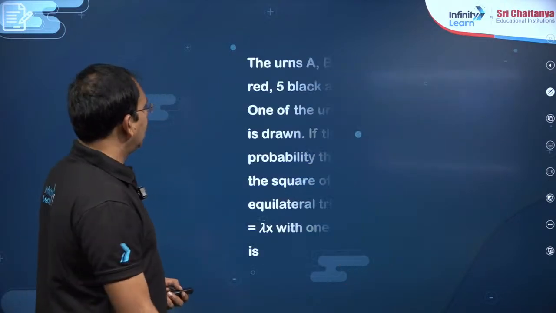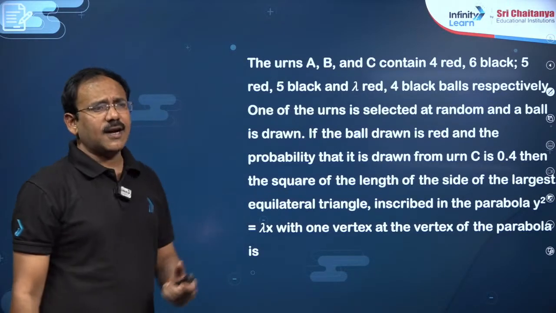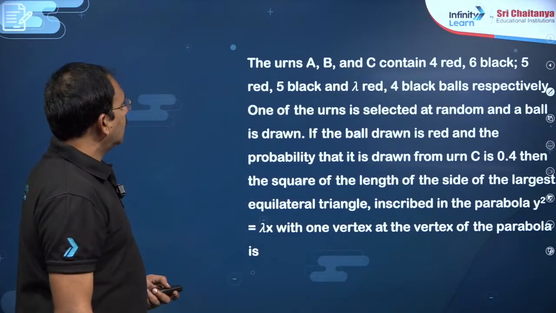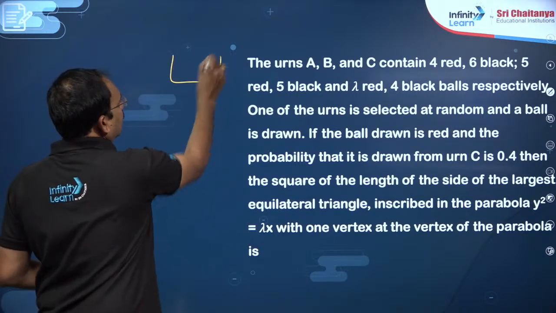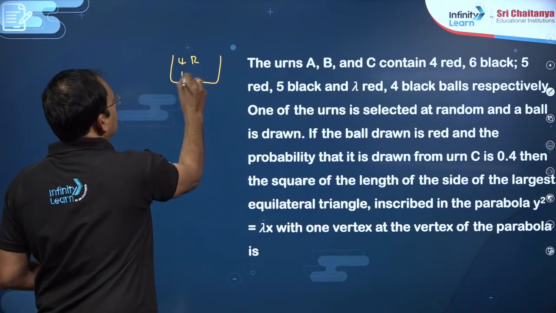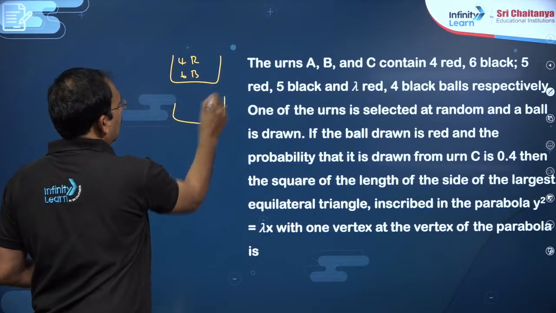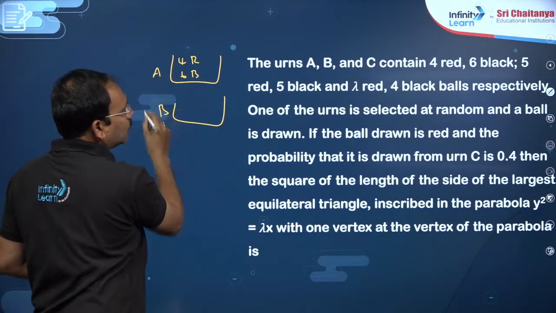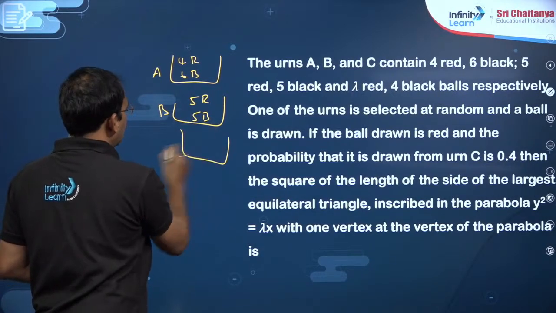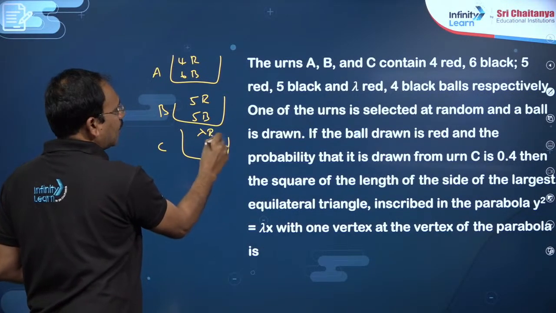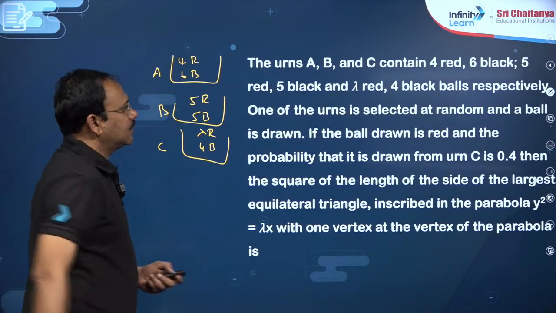Okay. Next, my dear students, you see this similar kind of question. The urns A, B, C contain: A contains 4 red, 6 black balls, and B contains 5 red, 5 black, and C contains lambda red and 4 black, right.